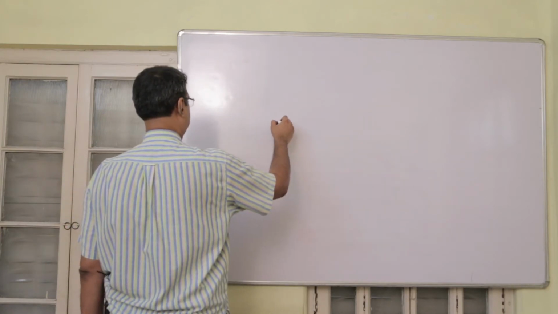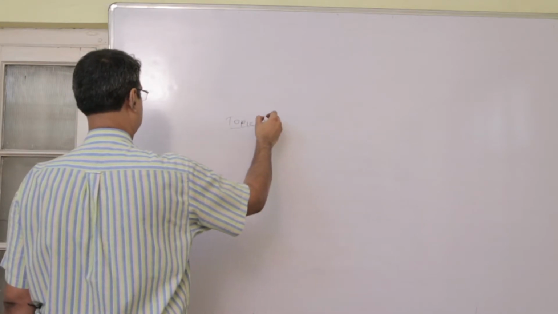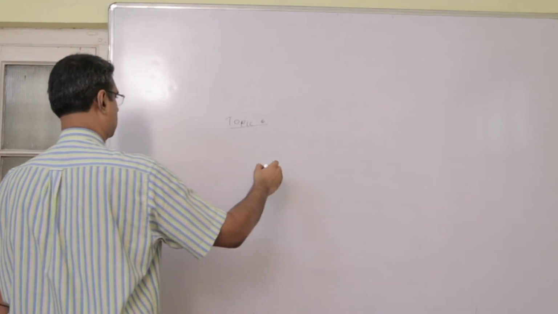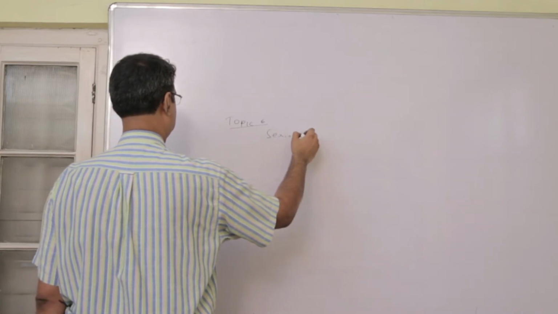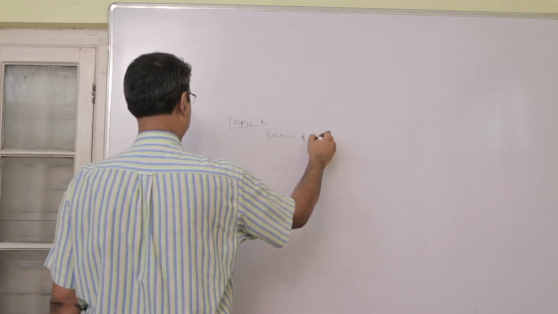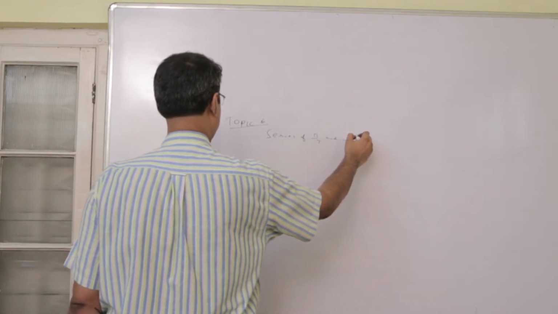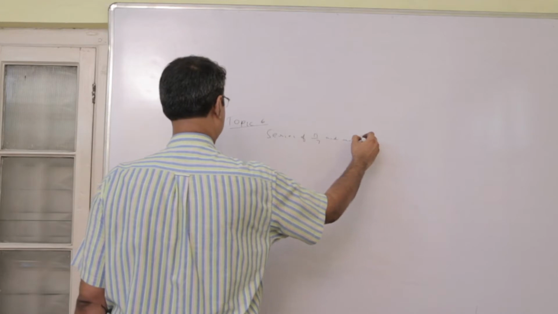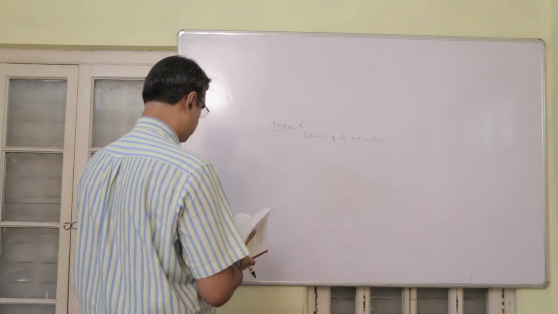Now we come to topic number 6. Now this is a very interesting topic. It's called series of pi by 7 and its multiples.